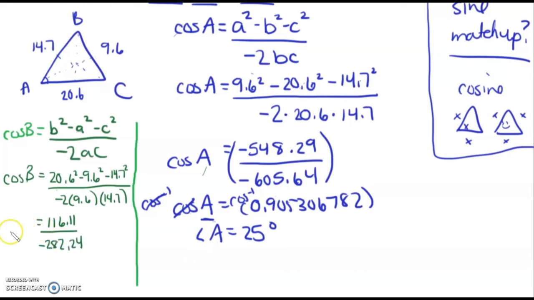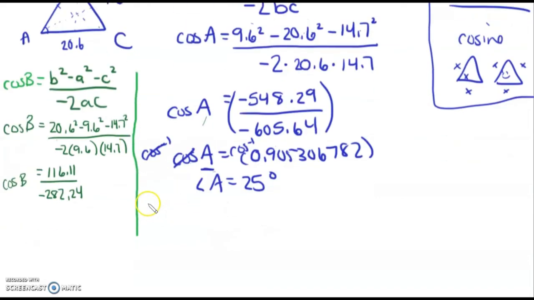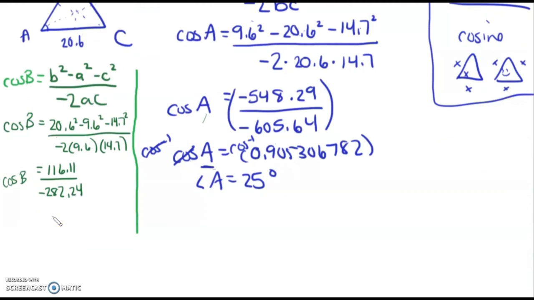Okay, this is what I get for cos B. Again, that's not what I get for B, it's for cos B. So let's write this as a decimal: 116.11 divided by negative 282.24. I get negative 0.411387, and so on.